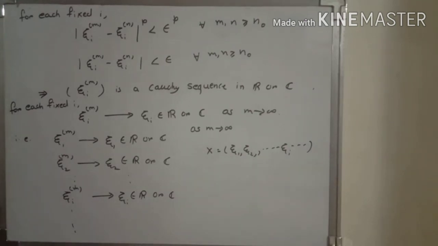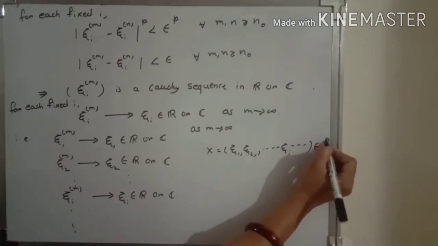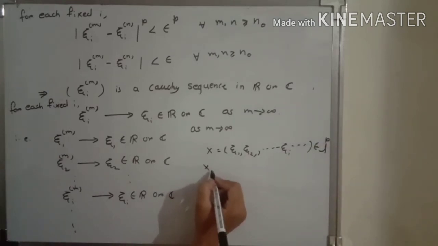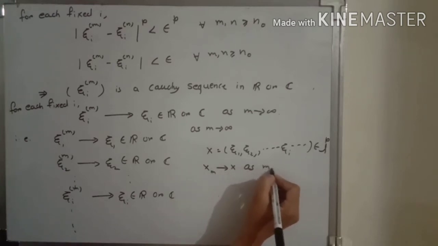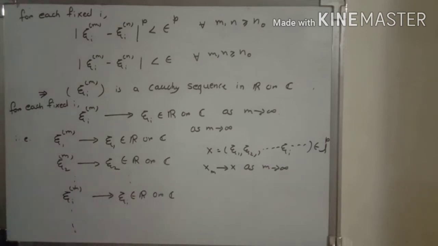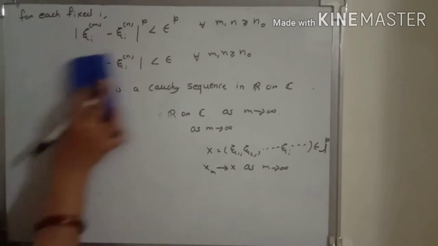Now we have to show that this x is an element of lp. Also we have to show that our Cauchy sequence xm converges to x as m goes to infinity. These two things we have to prove.